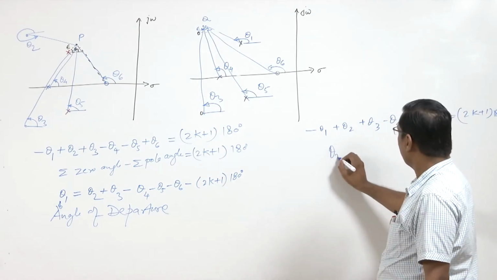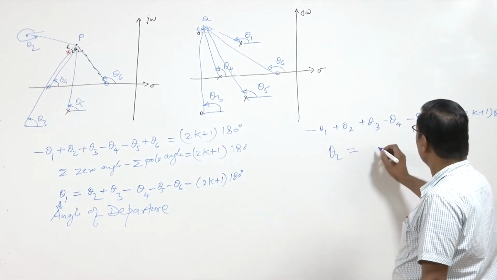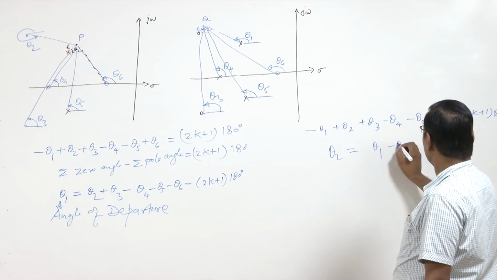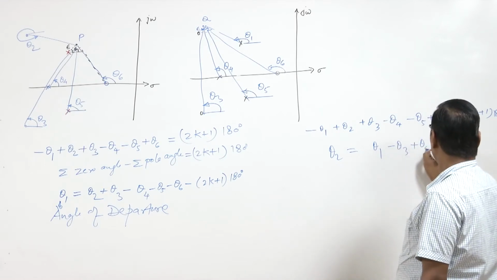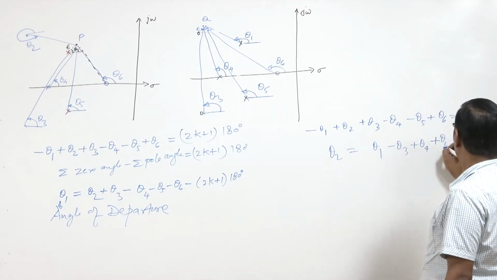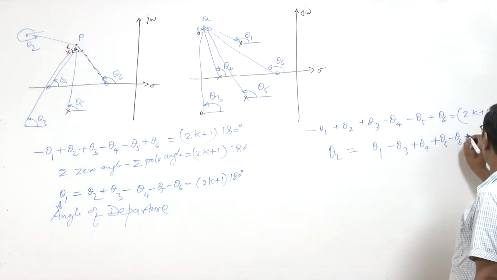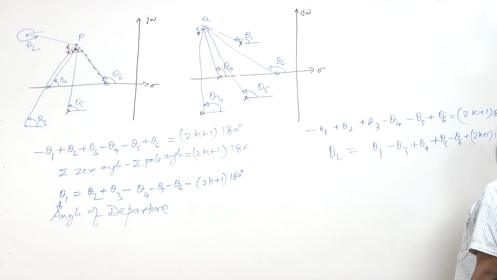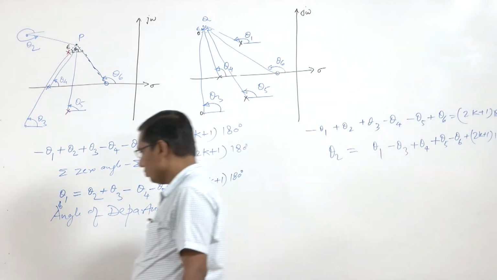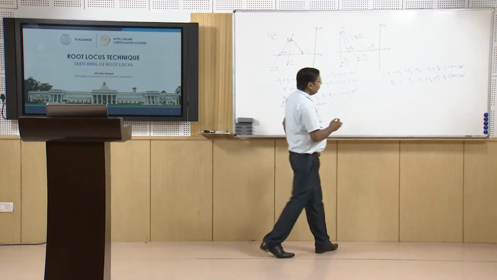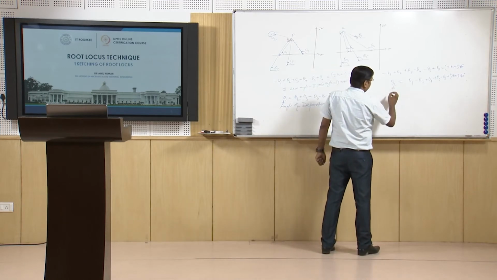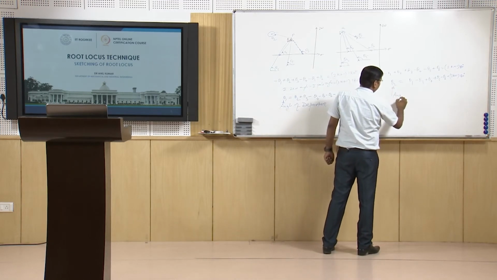Here we have to find theta 2, so theta 2 equals theta 1 minus theta 3 plus theta 4 plus theta 5 minus theta 6 plus (2k plus 1) times 180 degrees. From here we get theta 2, which is the angle of arrival.